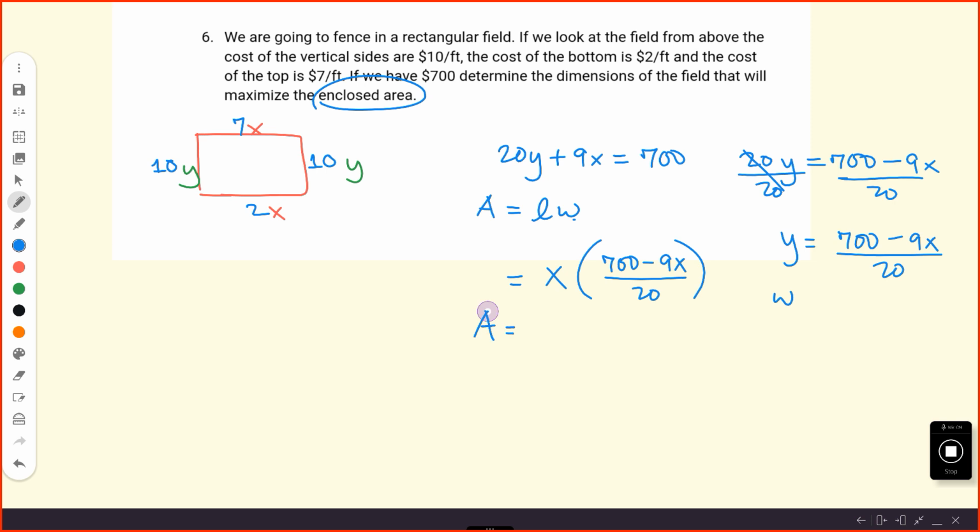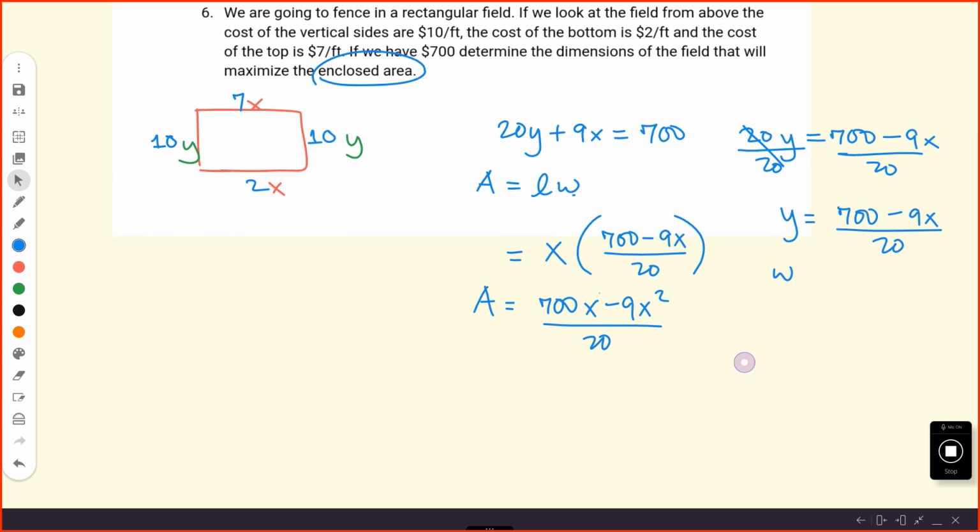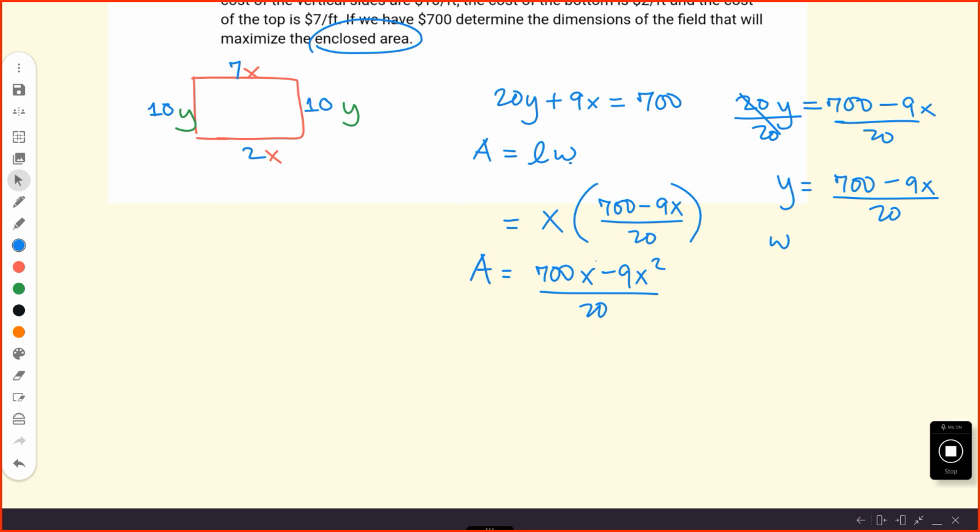So area equals 700x minus 9x squared, and then all over 20. Just 20, because you multiply the x. Yeah, distribute the x. I can also write this as 700 over 20 x, minus 9 over 20 x squared, right? That's just the same.